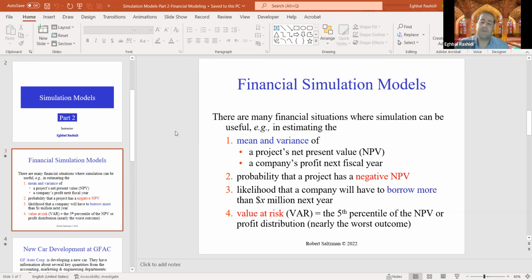For example, estimating the average and the variance of a project's net present value or the company's profits next year or next couple of years, and the probability that a project can get a negative present value, or the likelihood that a company will have to borrow a certain amount of money next year. And the fifth percentile, which is also called the value at risk, or VAR, that we're going to see in this example.